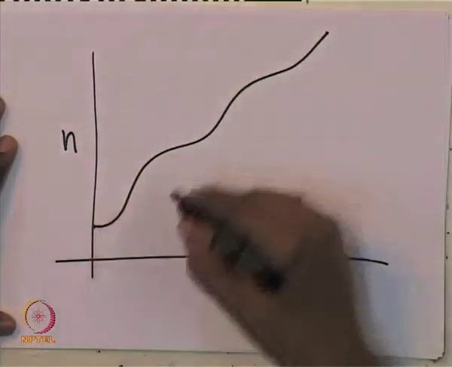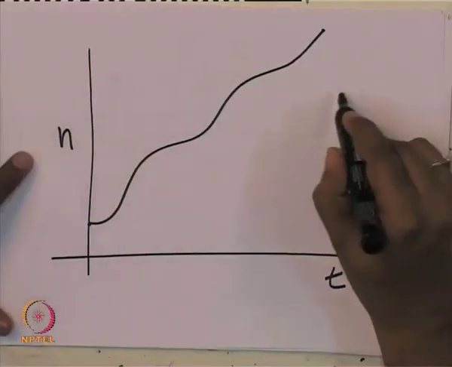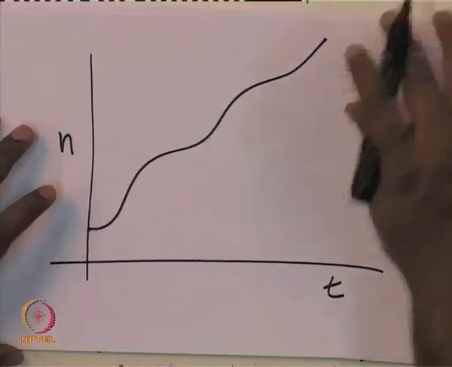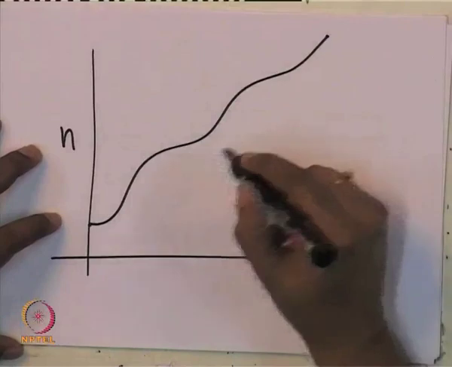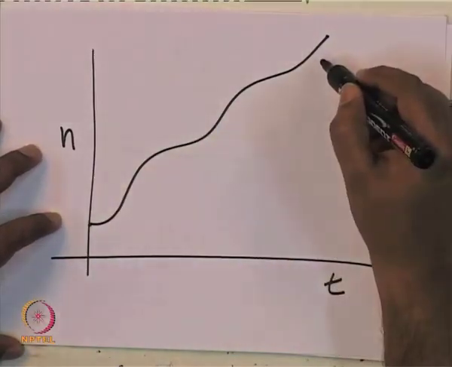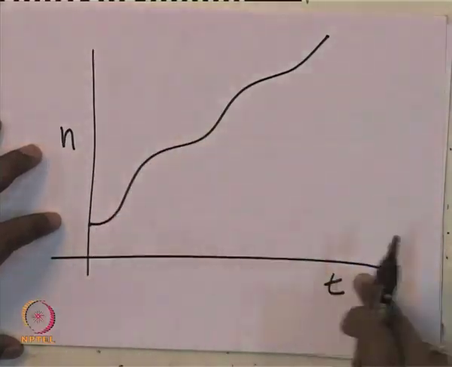Let us say you fix a particular concentration of ATP and a particular concentration of everything, and then look at one molecular motor or one polymer or one filament, and look at how the length changes with time, or how the distance moved changes with time.